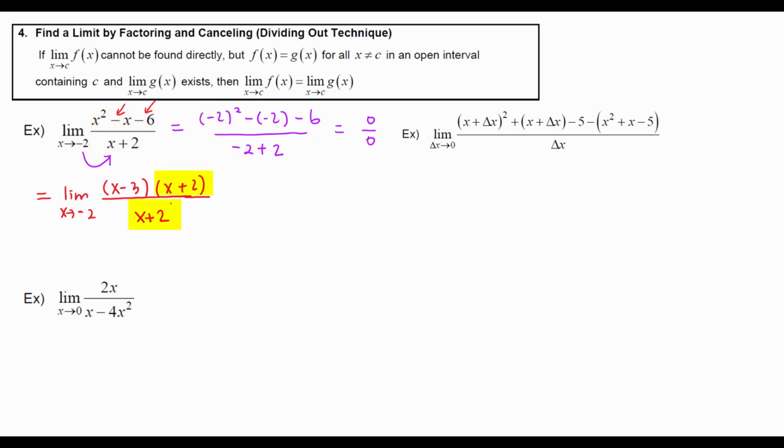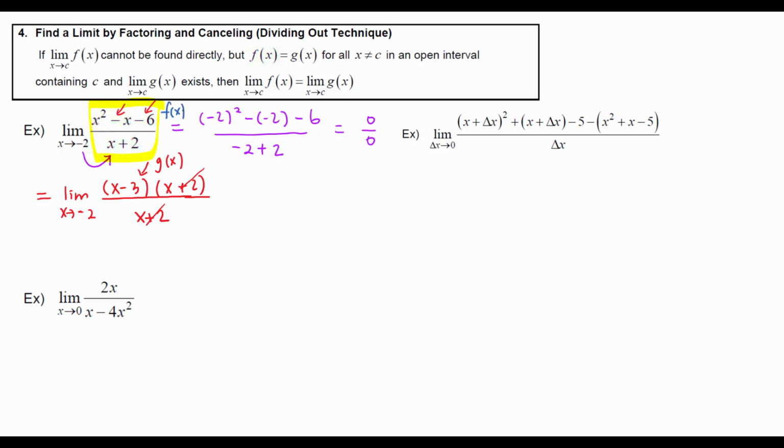You can see how I have a common factor x plus 2 on top and bottom. So if I cancel, this just becomes a line. However, this will be a line with a hole at x equals negative 2. We are calling this the new function g of x, and the original function f of x.